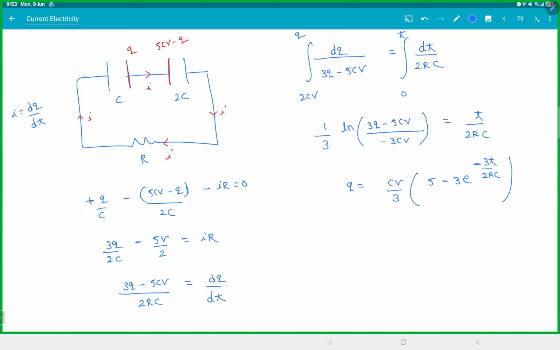Check. Got it? I skipped a lot of steps, so check it out. There, this is how you find it for two capacitors.